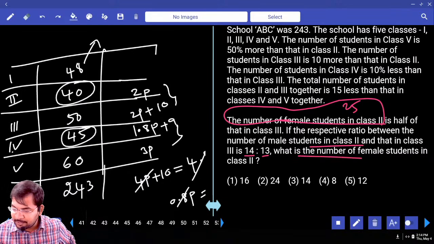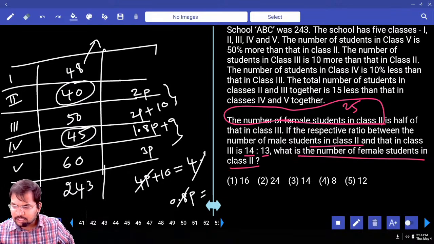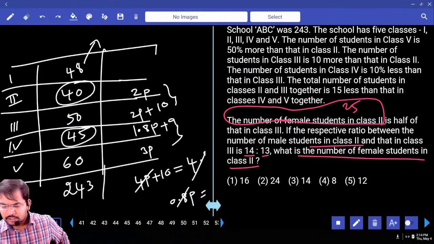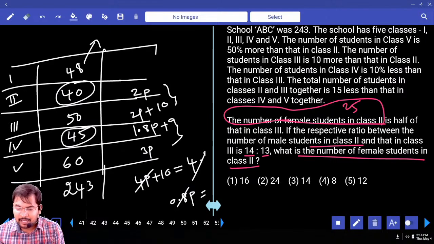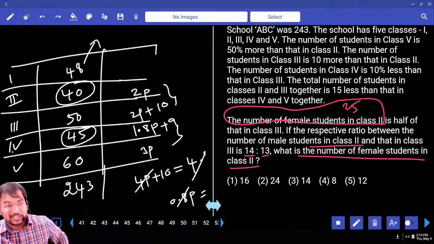Then what is the number of female students in class 2? No, they are not asking that one. The number of female students in class 2 is half of that in class 3. They didn't mention whether class 3 is total students, male students or female students.